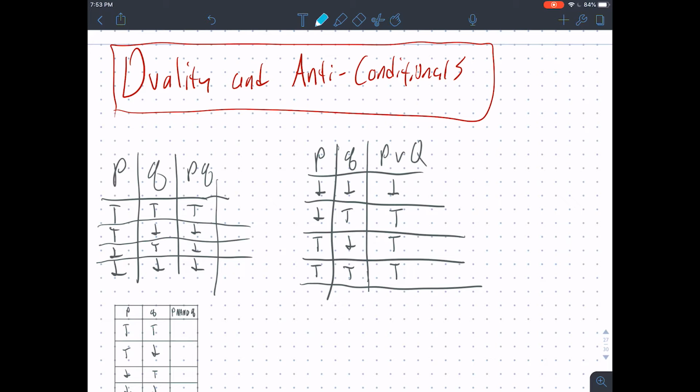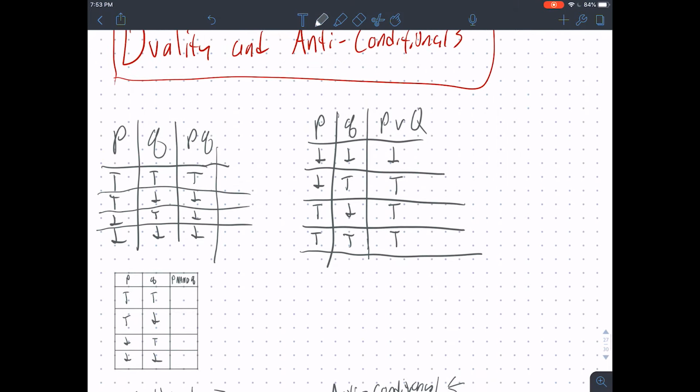And so in this course we've been restricting ourselves to 5 truth functional operators. So we have conjunction, we have negation, we have alternation, we have the conditional, we have the biconditional, right?